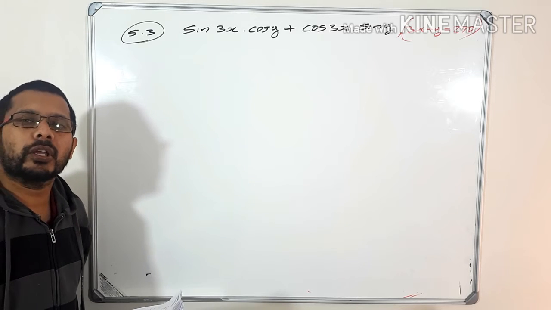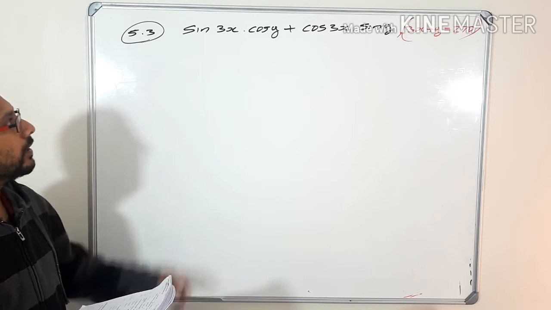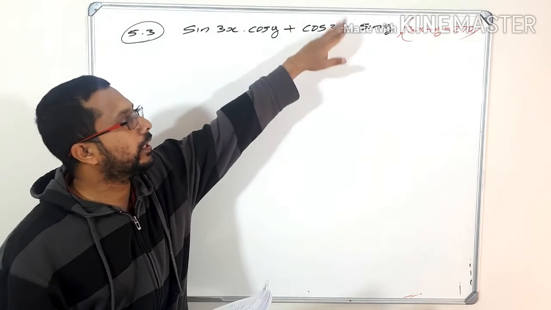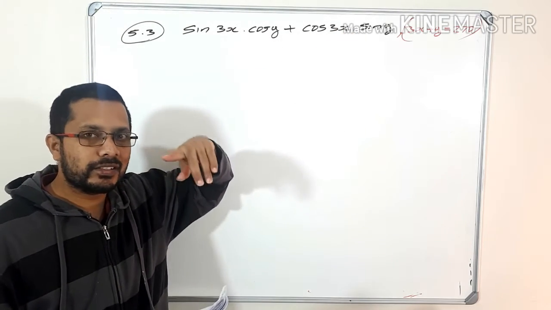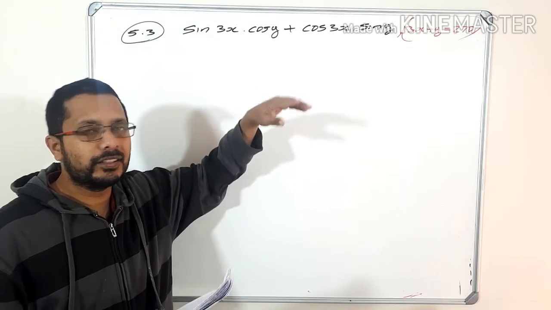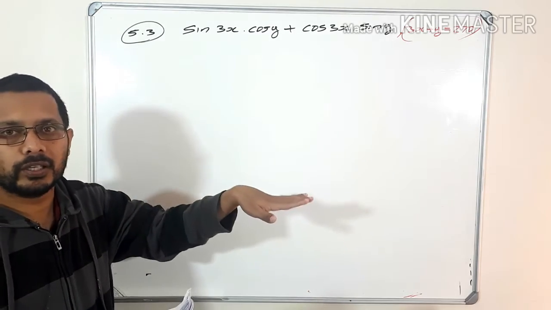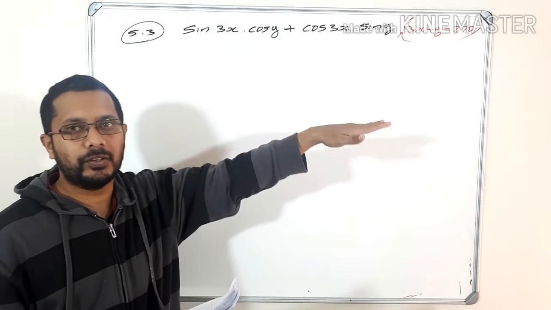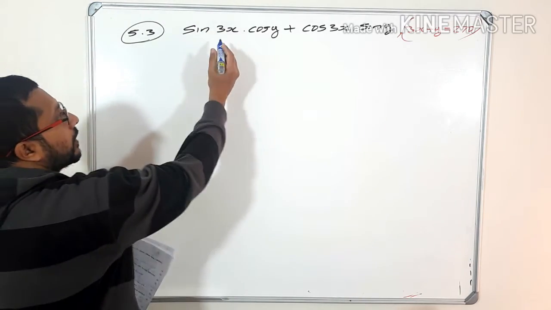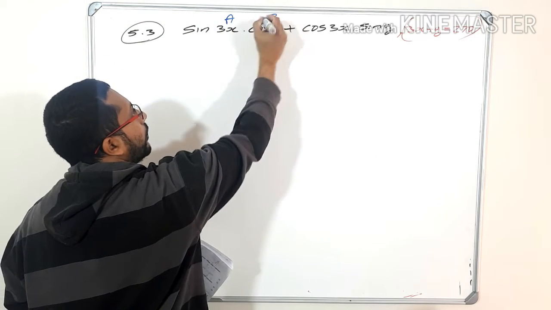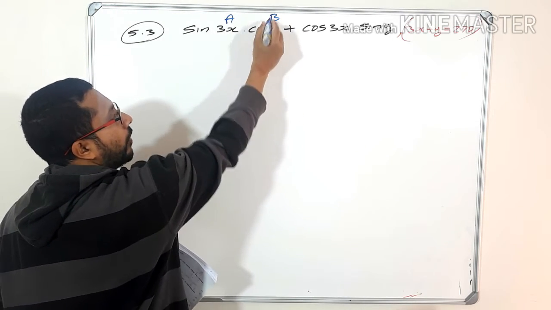So how can you find this one? Sin 3x cos y plus cos 3x sin y. If I call this 3x as a and this y as b, then 3x is a and y is b.